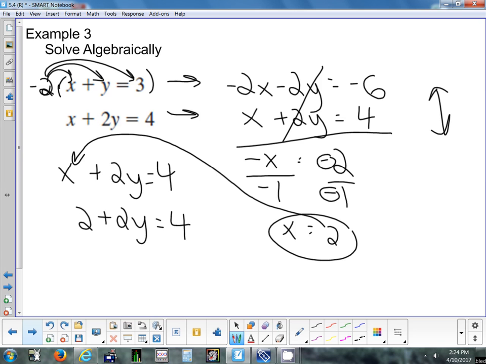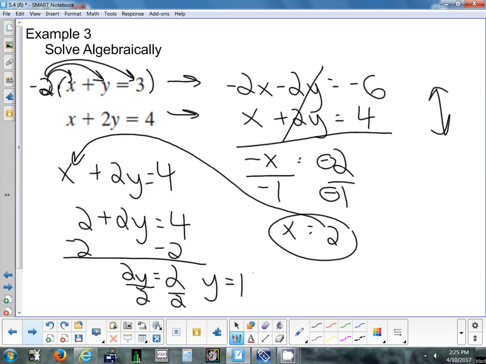Next step will be what? Minus 2 on both sides, good Kyle? Minus 2, minus 2. 2y equals 2. One more step. Divide everything by 2. Equal to 1. And like Aiden just said, y equals 1.